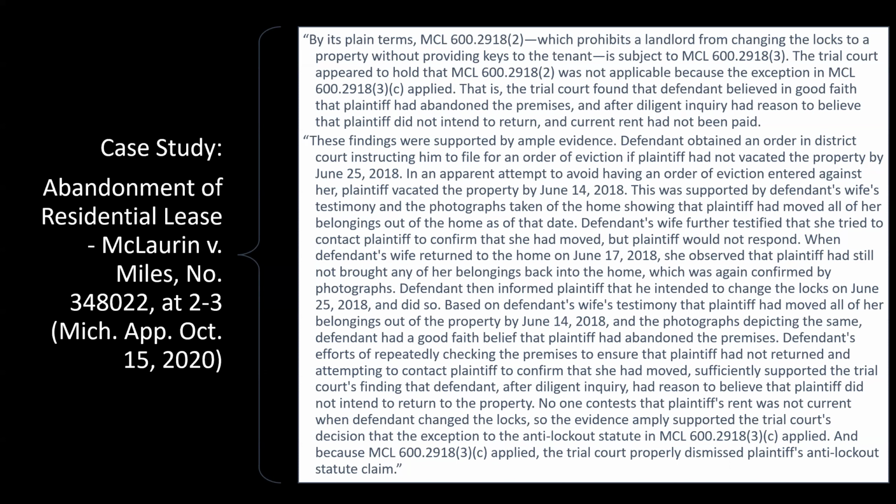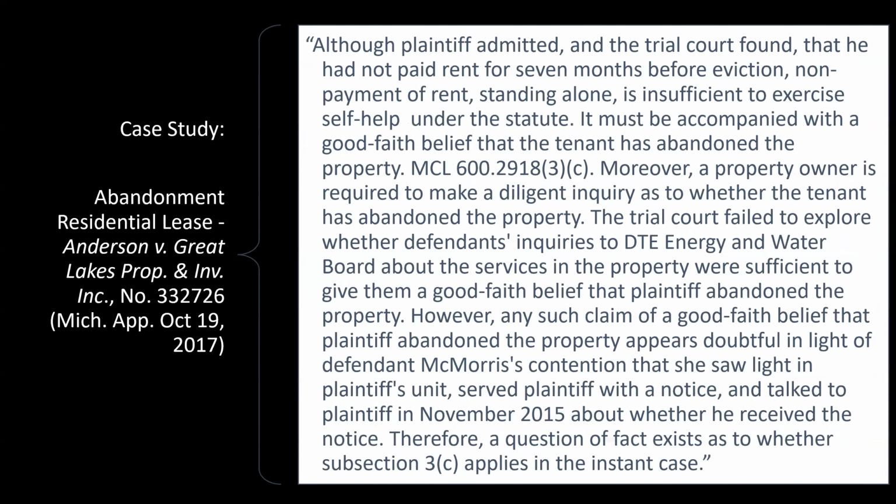Also, it was undisputed that the current rent was not paid when the defendant changed the locks. So based on that, the Court of Appeals found that the evidence supported the trial court's decision that the exception to the anti-lockout statute applied because it was a good faith belief that the tenant had abandoned the property. Therefore, the anti-lockout claim was dismissed.